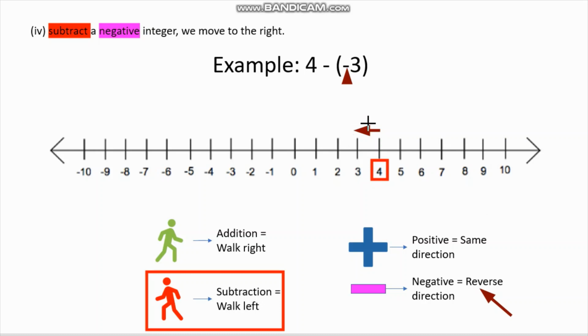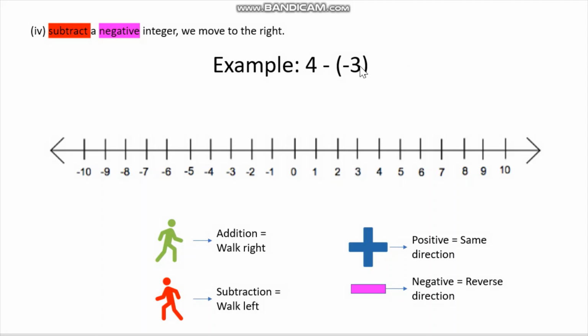So our direction was initially pointed to the left, but now we have to reverse it and start going to the right 3 times, where we'll end up at 7. Okay, so this is why 4 minus of -3 is actually equal to 4 plus 3, which is nothing but 7.